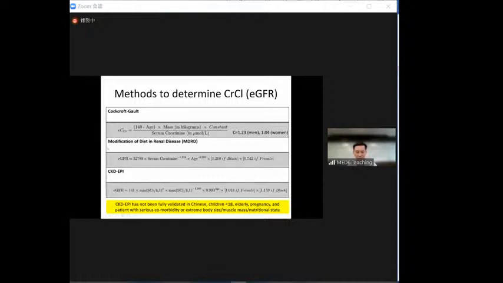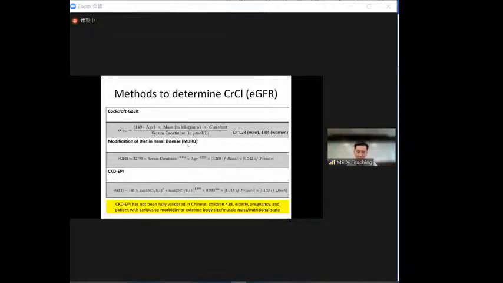In contrast to other formulas which are more convenient, like the MDRD and also the CKD-EPI. Currently, in our hospital, we are using the CKD-EPI as such. And it is said to be more accurate than the MDRD. In particular, it can give the creatinine clearance or eGFR for values of more than 60 milliliters per minute.